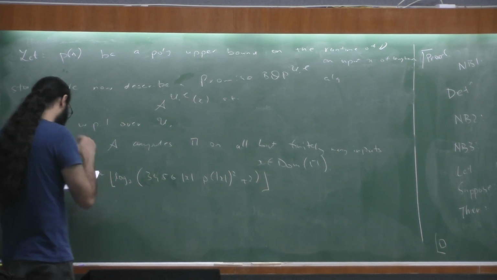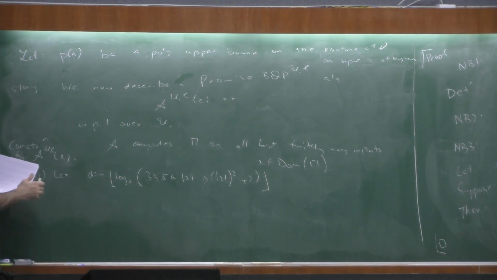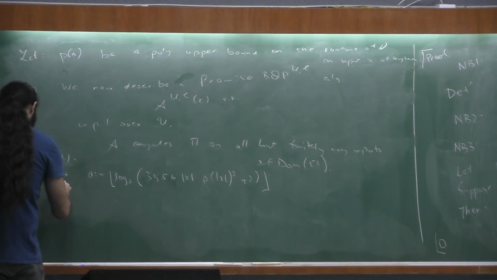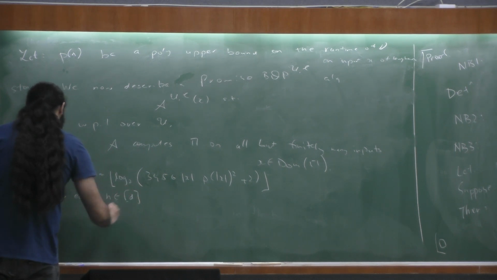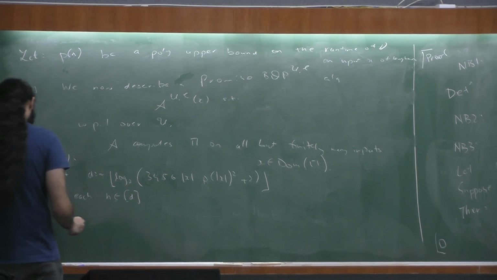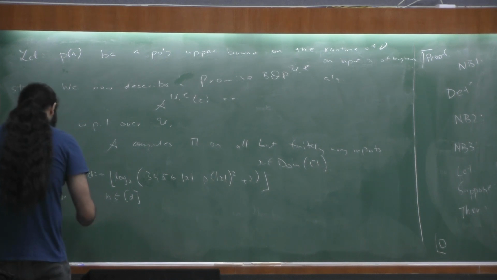This is going to be a threshold, and now for each n in the set of numbers 1 to D, A is going to do the following.